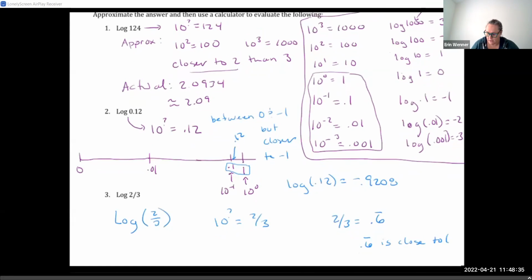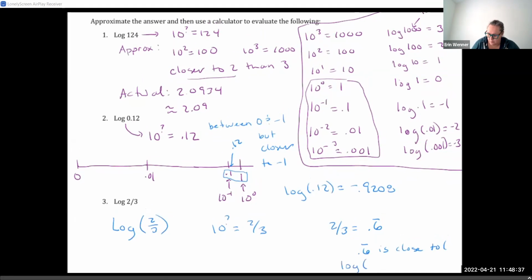So log of 0.6 repeating is going to be close to 0. Why? Because the log of 1 equals 0, because 10 to the 0 power equals 1. They are related to each other.